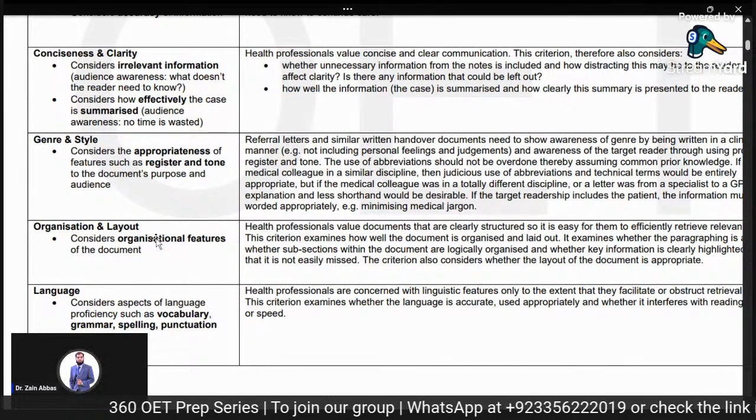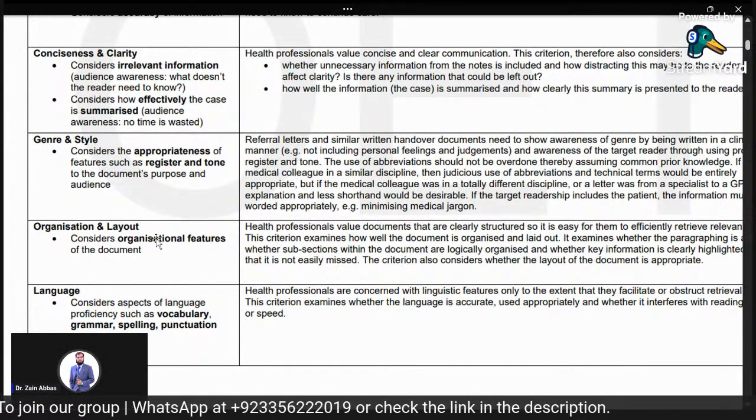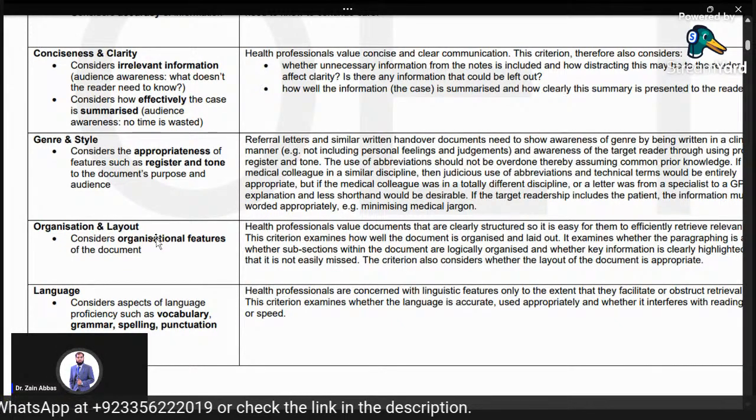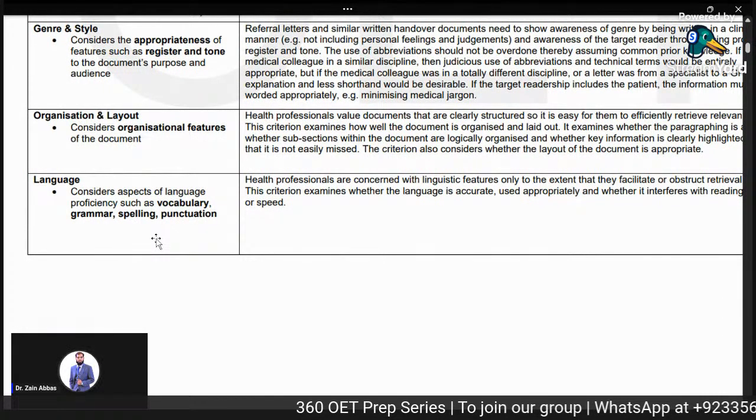If you're writing a discharge letter, your tone should be light because it's not an emergency, it's not a serious case. The organization of the letter includes a complete template. I will demonstrate that when we go further.